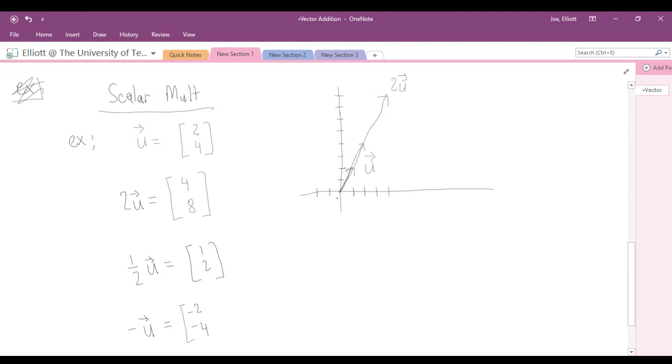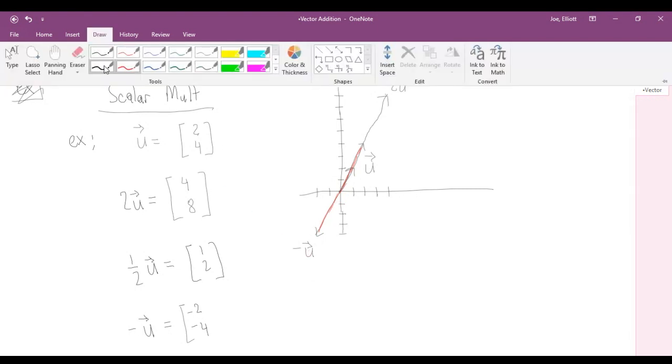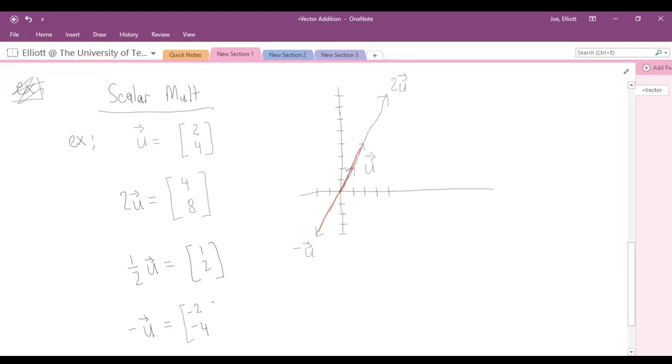And if you plot -2, -4 in the picture, negative u will have the same length as u. But since you multiply by negative, that flips the direction. So now it points in the opposite direction instead. All right.